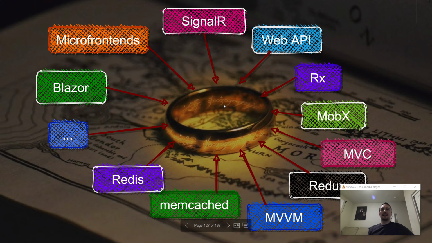Okay, so now we are kind of getting back to the picture you saw in the very beginning, and probably it's clear right now that Fusion connects all these things and either replaces some of them or just integrates with some of them really nicely, for example with Blazor, right? Or for web APIs, it's also an interesting thing.